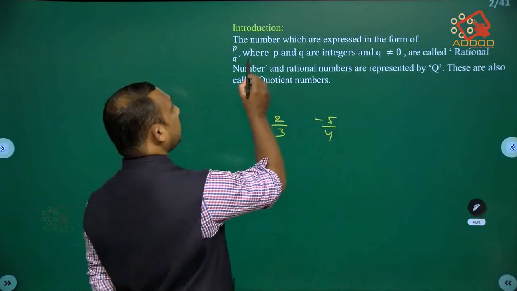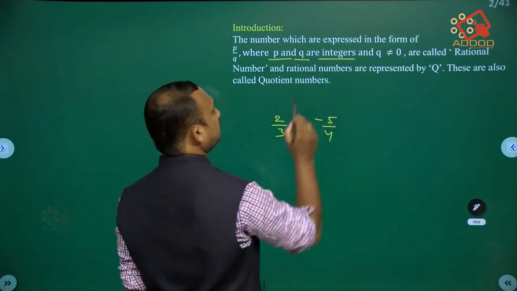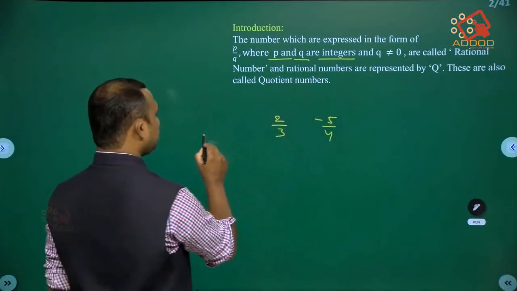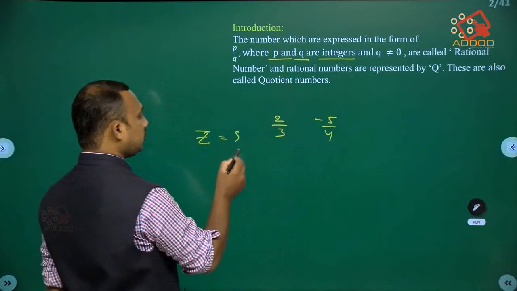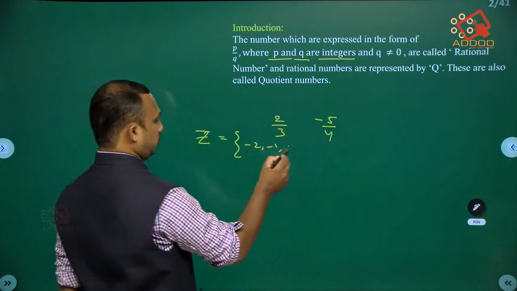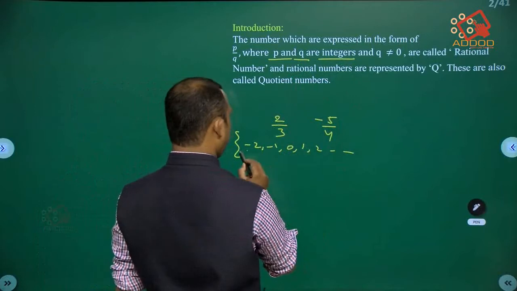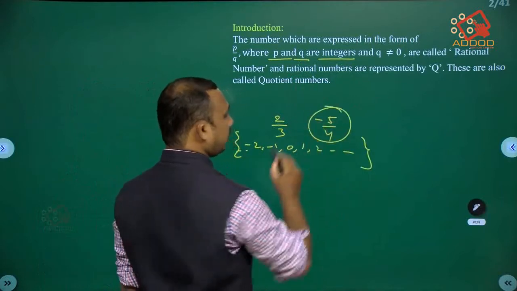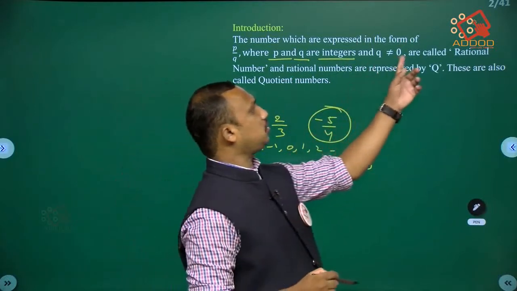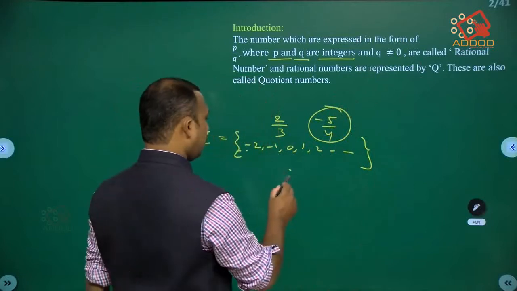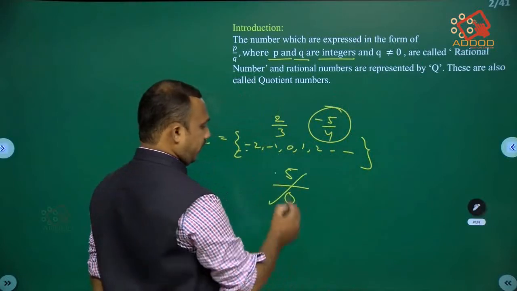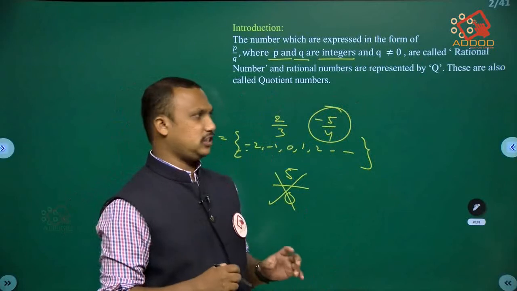Why? Because here it is clearly mentioned that p and q are integers. Integers means negative or positive numbers, any number it can be. But q is not equal to 0, means in the denominator it should not be 0. If it is 0, then it is not a rational number.